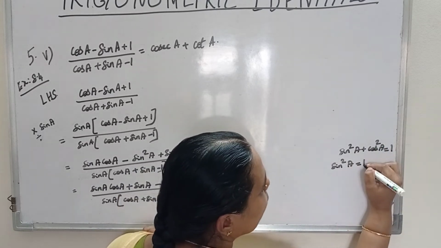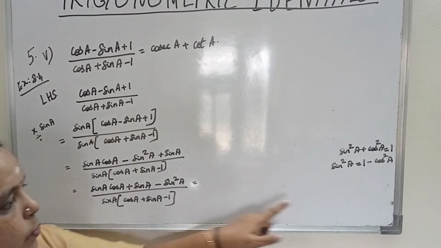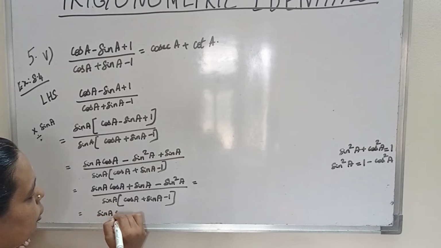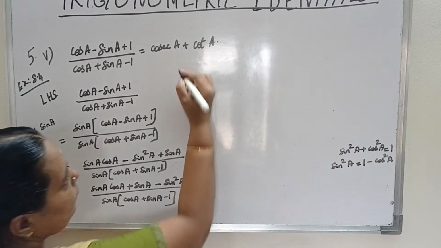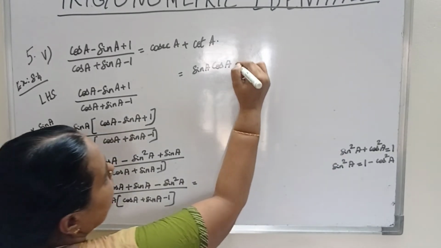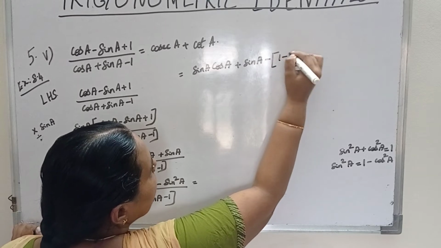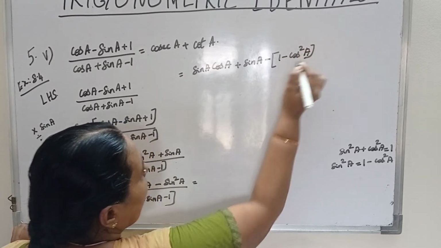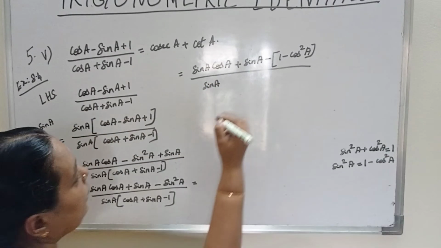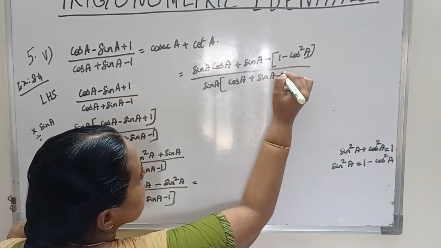So sin square A is equal to 1 minus cos square A. So instead of sin square A, we will replace it with 1 minus cos square A. So this step: sin A into cos A plus sin A minus of (1 minus cos square A) by sin A into cos A plus sin A minus 1.